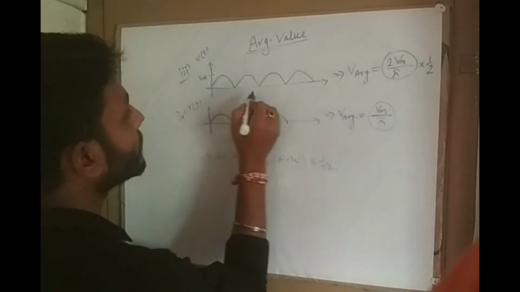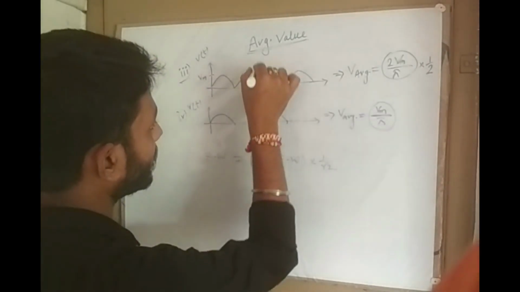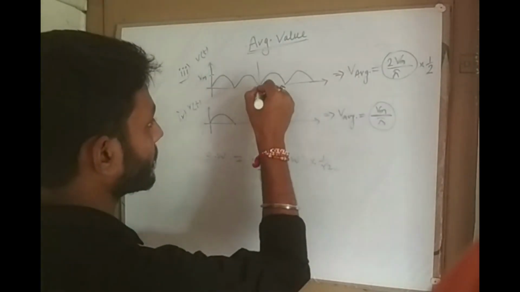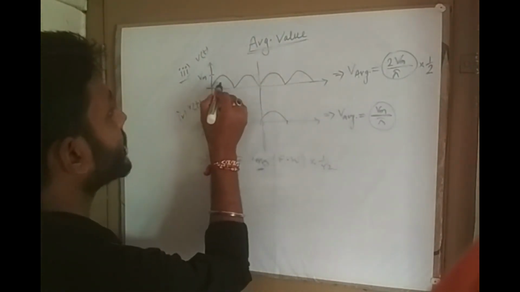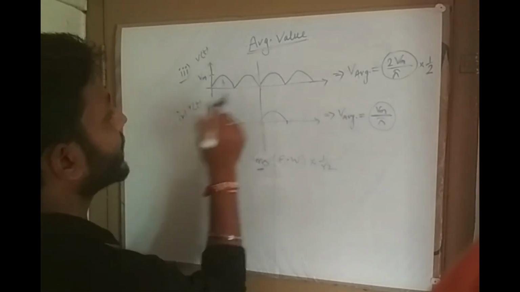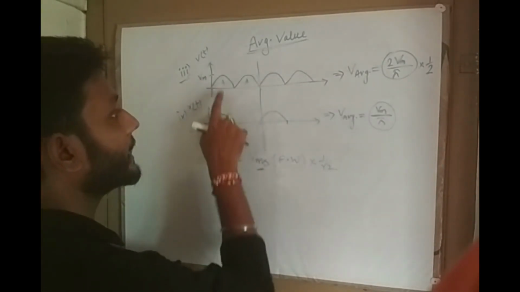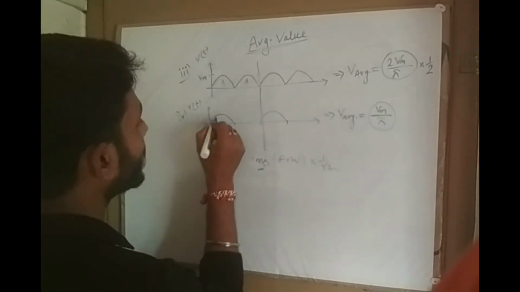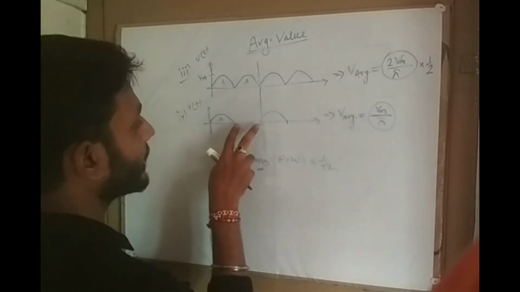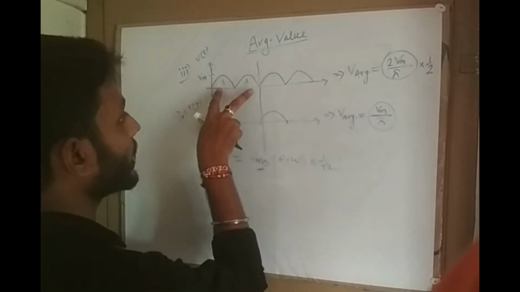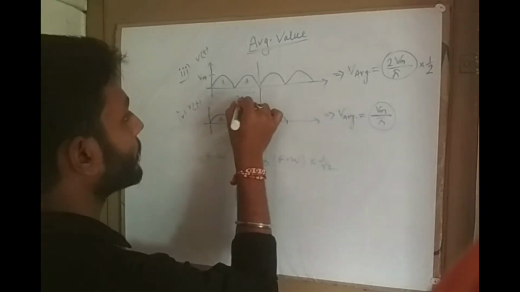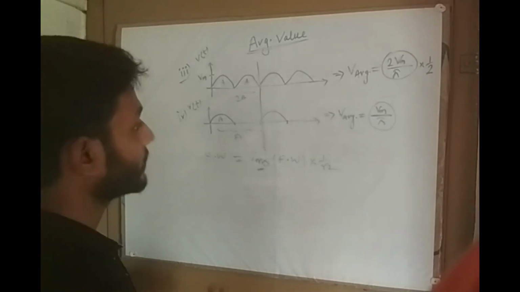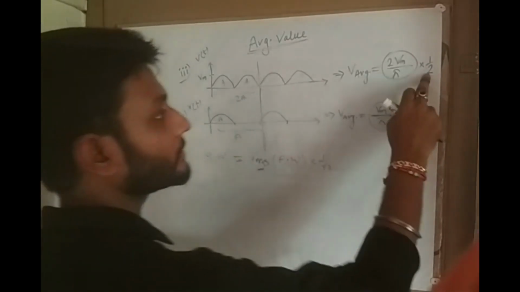Suppose for this part, if this area is A and this one is also A, that means total area 2A. But for this one, if this one area is A and here the area is 0, total area is A, it is becoming half.